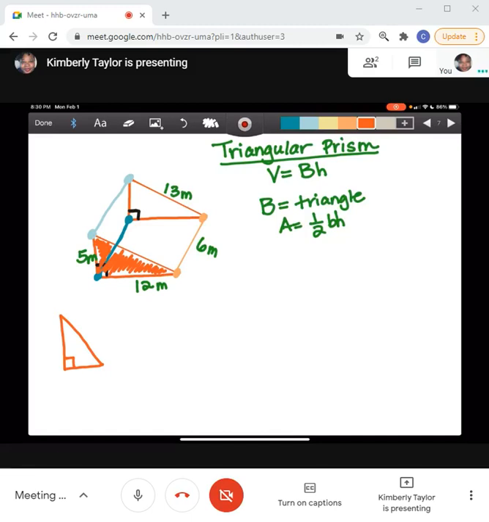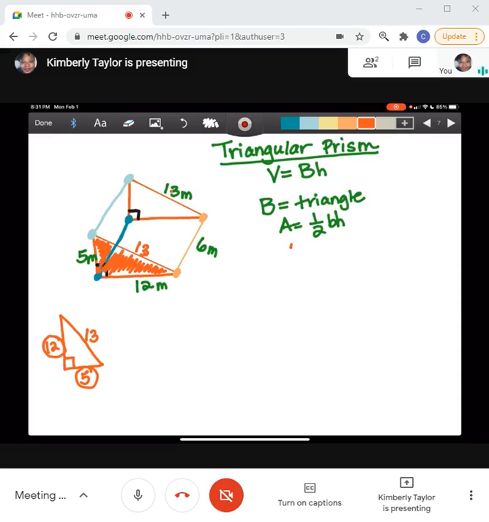So this is 5, this is 12, and this 13 is 13 down here as well. But what information do I want? I just want the base of the triangle and the height of the triangle. I don't want the height of the prism, not yet.